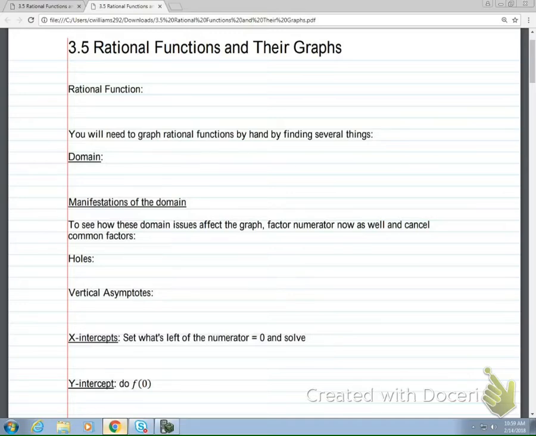Anyway, so you guys, we're leaving polynomial land, and we're going to a new place called rational. So this is a new structure, a new type of function. Basically, the structure for rationals is going to be one polynomial divided by another polynomial. And so you might be thinking, why is she writing polynomials?